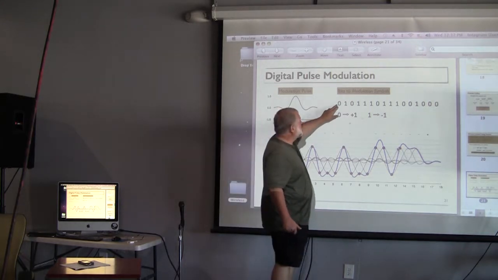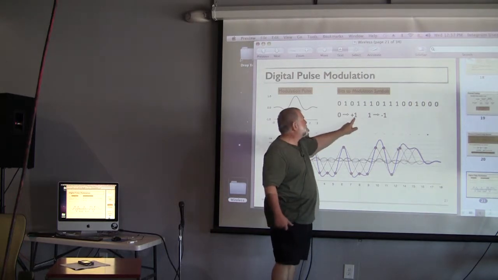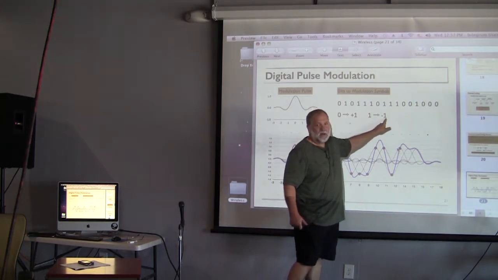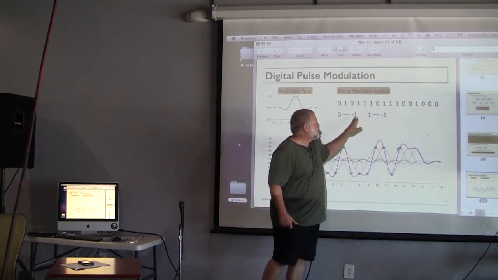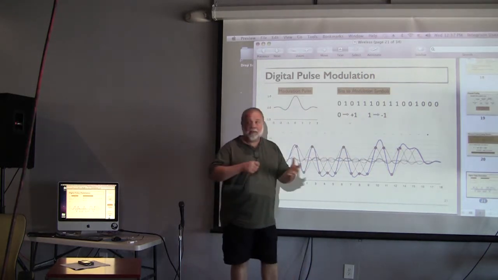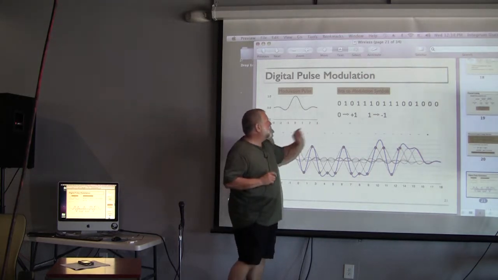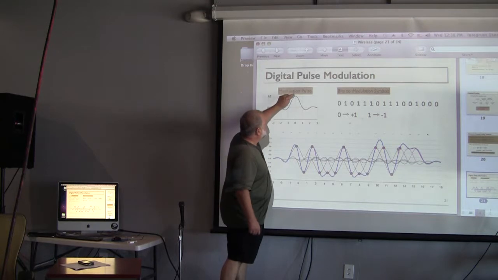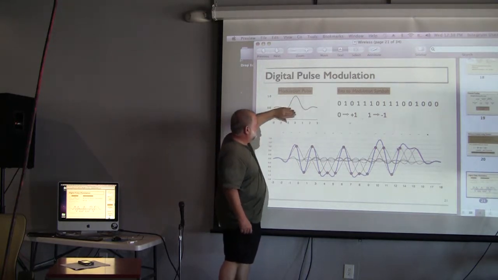You take your bits and modulate them into a real number. So a 0 goes to +1, a 1 goes to -1. This value that you get from your bit value, we call the modulation symbol. You take the modulation symbol and multiply the pulse by it. So in this case, I would be just taking this pulse or flipping it.